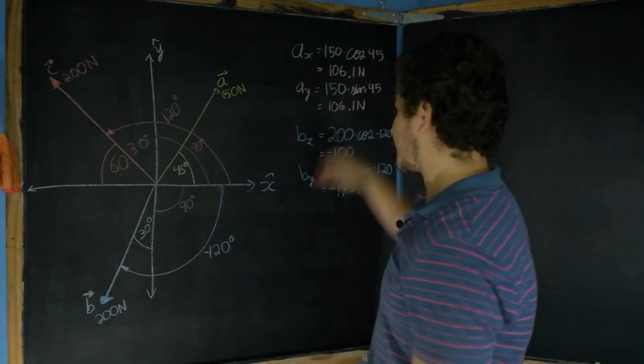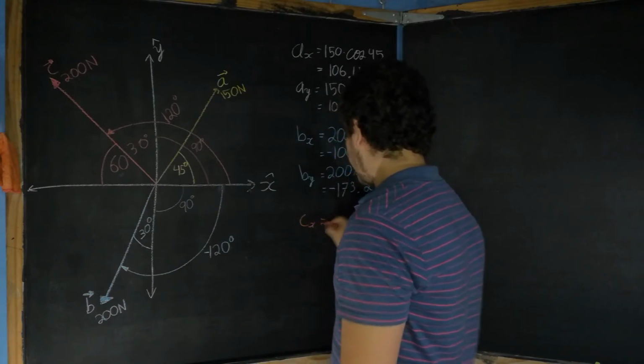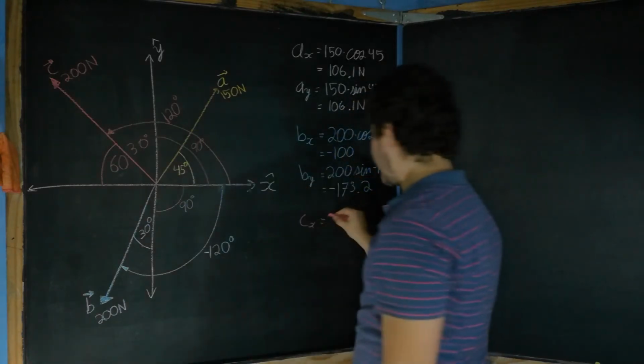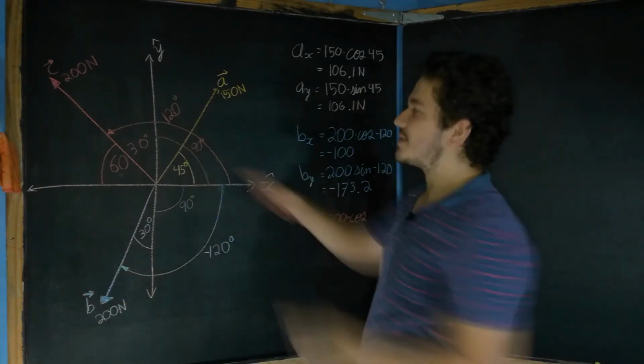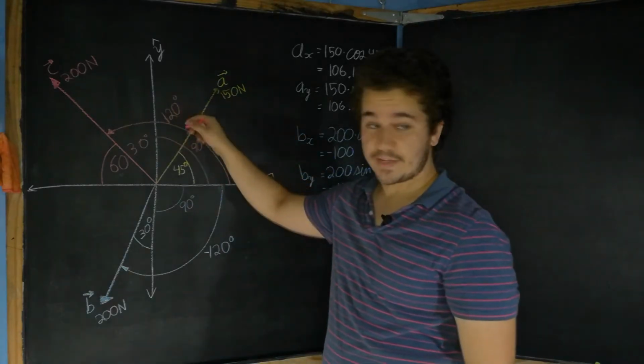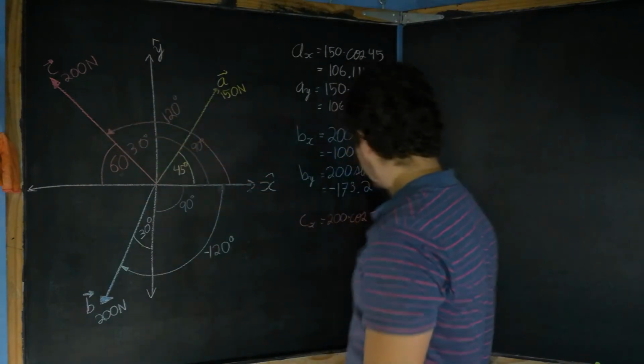Now we do the exact same substitution, and we have that c, the x component of c, will be equal to its magnitude, 200, times cosine of, this time it's plus 120, because we're defining it in the positive direction of the angle, okay?